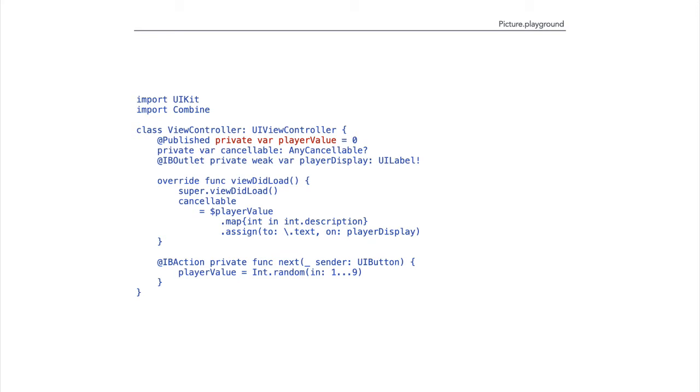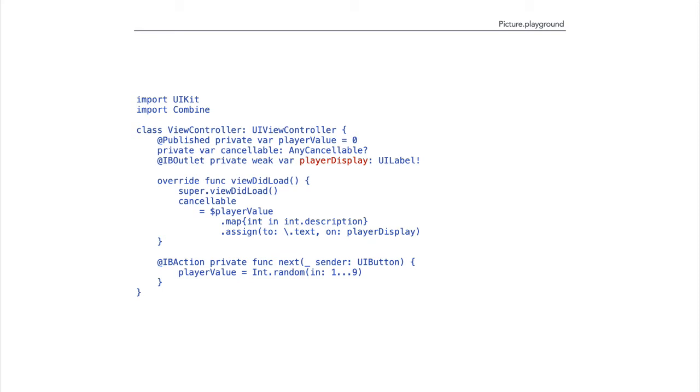Player value, however, is a published value, and so the publisher sends it on down the line, and because cancelable is keeping this alive, the player value sends its publisher of an int that never fails. It is converted to a string that never fails, and that string is seen as an optional string, which is assigned to playerDisplay.text. And so playerDisplay is updated, and we see every time we tap the button, the new int is displayed.